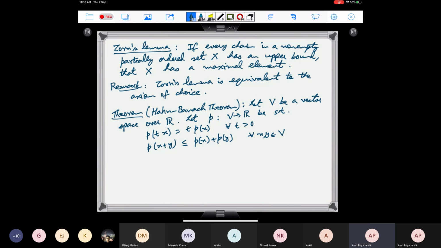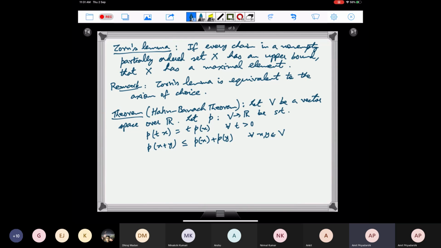The second property is subadditivity: P of x plus y is less than or equal to Px plus Py. And the first one says that for a positive scalar, if you multiply, then you get t times Px. So it is homogeneous with respect to positive scalars.